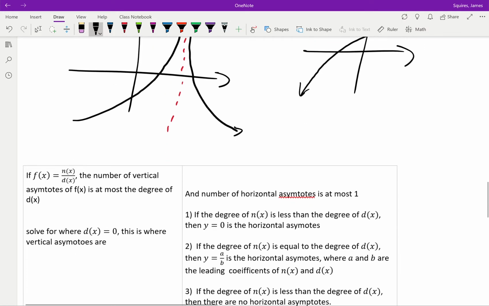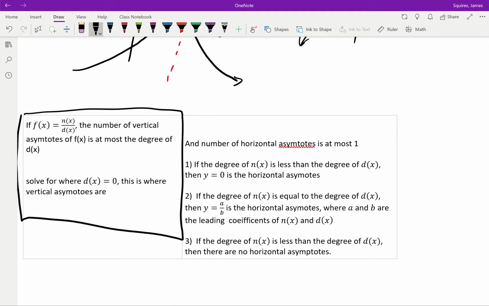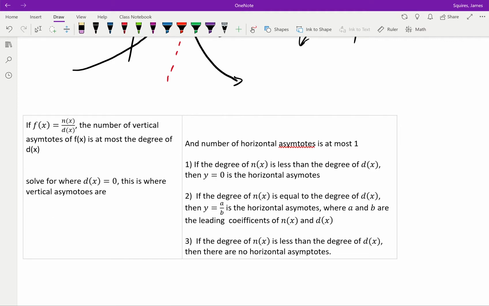Alright, so let's read these rules right here. Let's read this first one. If f of x equals n of x divided by d of x, the number of vertical asymptotes of f of x is at most the degree of d of x. And this is where d of x equals 0, and this is where our vertical asymptotes are.